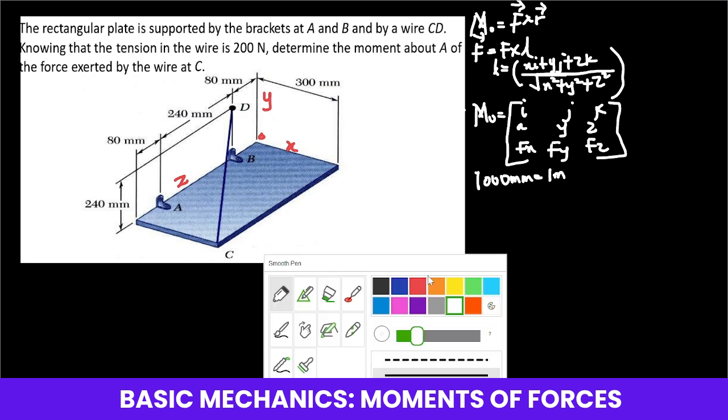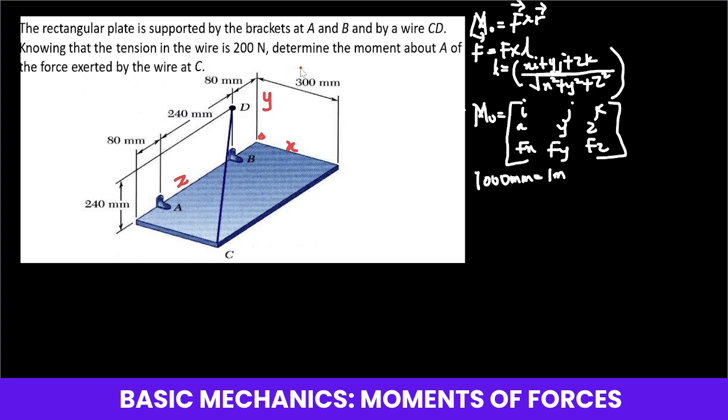So if you have 300 here, you have 0.3 here. If you have 8 cm here, you get 0.08.